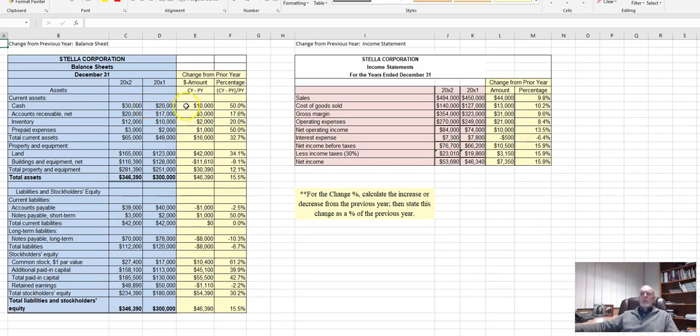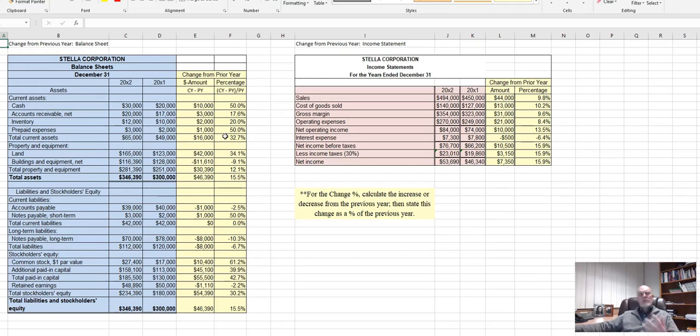So that was a $10,000 increase, which is 50% growth over the previous year. So to get the percentage change, you take the current year minus the previous year and divide that difference by the previous year.